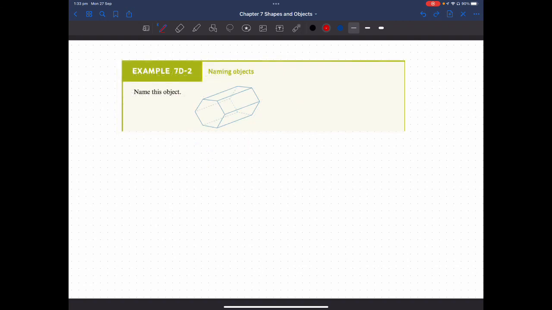Now we're asked to name this shape. We can see that the 2 ends are the same shape, so we know for a start this is going to be a prism, and the name of the prism will depend on the type of shape that is at the end.